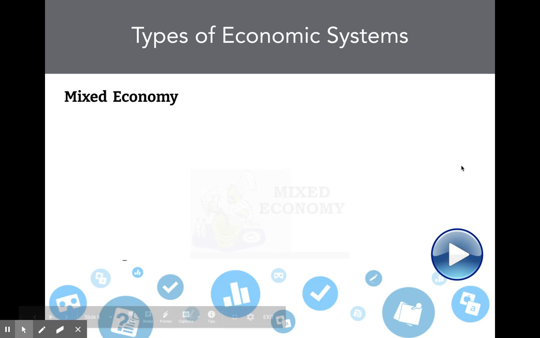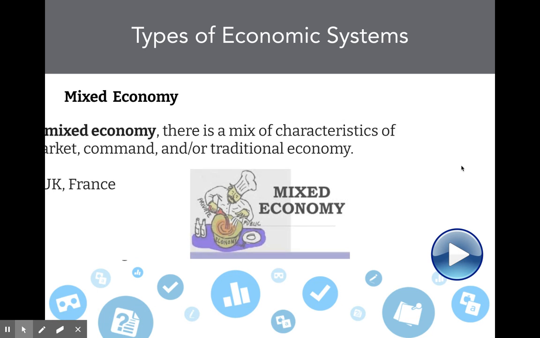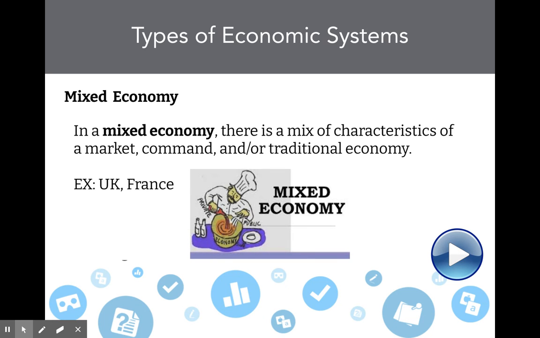And honestly, a mixed economy is exactly what it sounds like. In a mixed economy, there are different elements of different economic systems. So you might have elements of a free market economy and a command economy. The UK, so Great Britain, and France have a mixed economy.